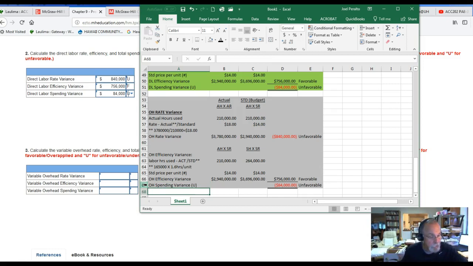Okay, now the formulas for overhead rate. Actual hours times actual rate. Now we're talking about overhead rate, not our labor rate. So our actual hours times actual rate.